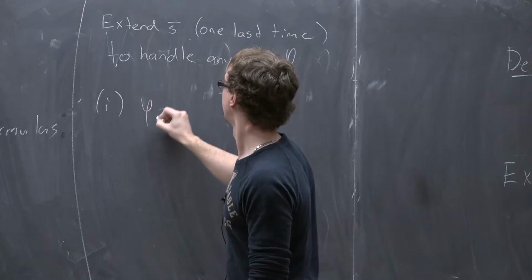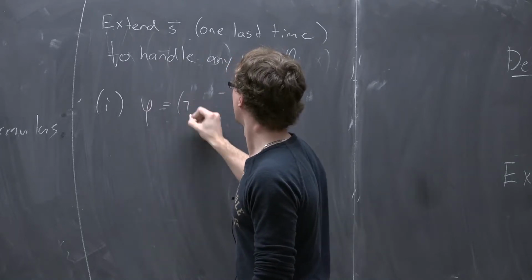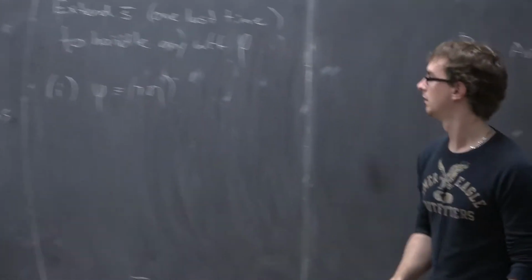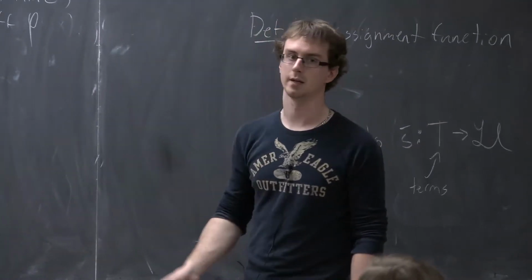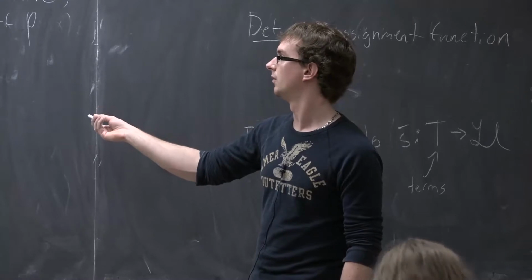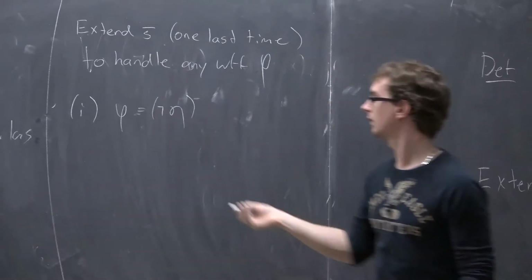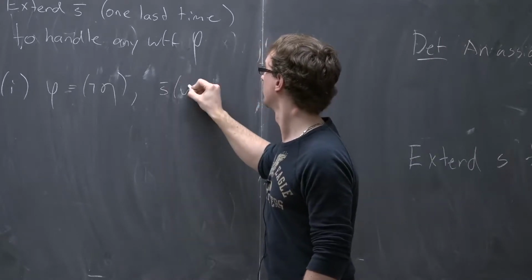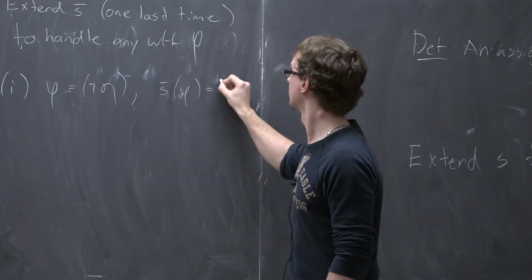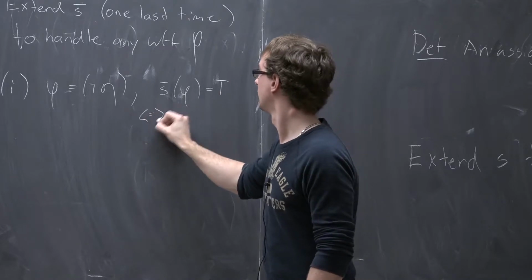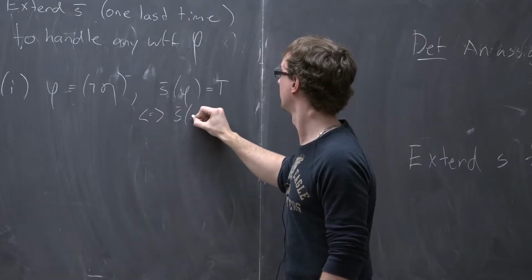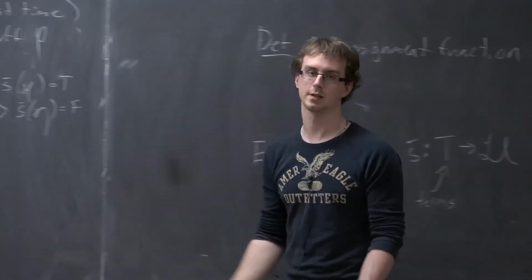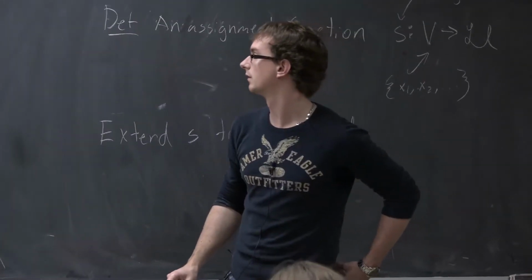Suppose phi can be written as not eta for some eta that we know the value of S bar for, then S bar of phi is going to be true if and only if S bar of eta is false. It's the same thing we did for propositional logic.